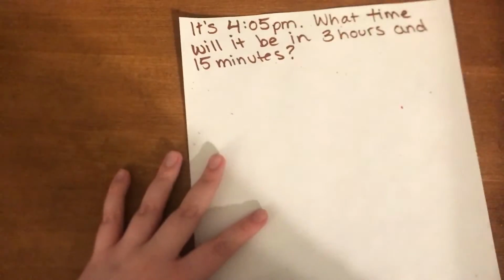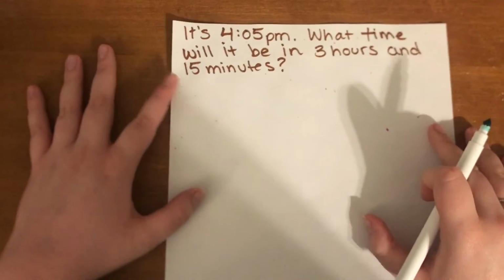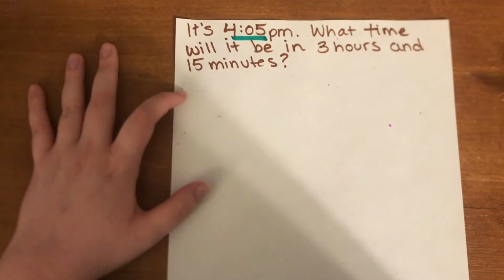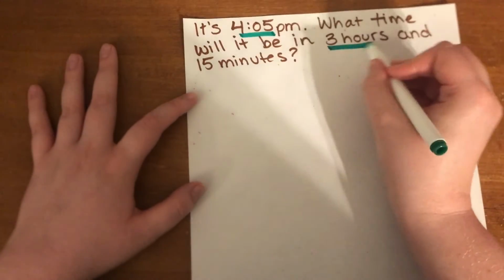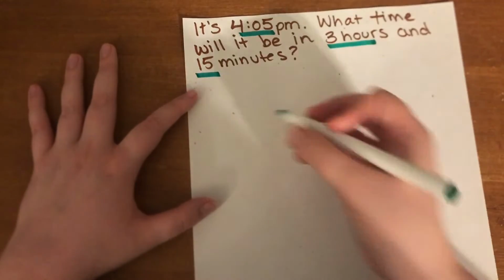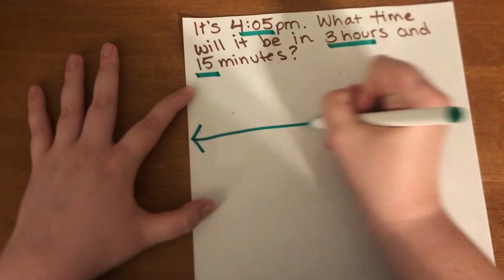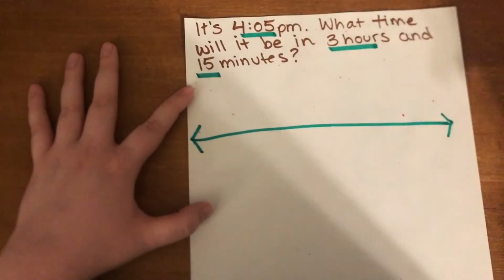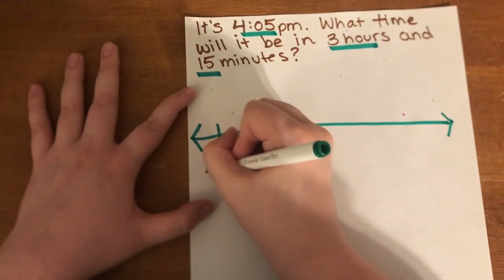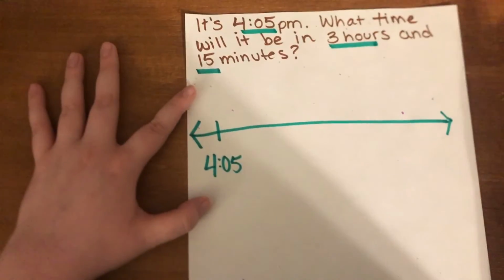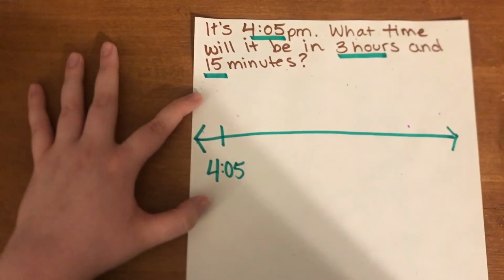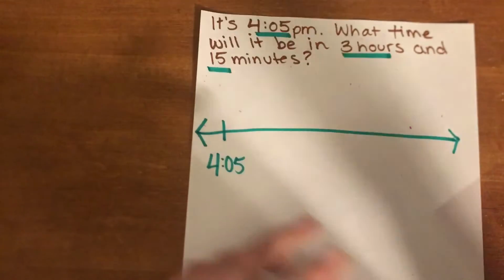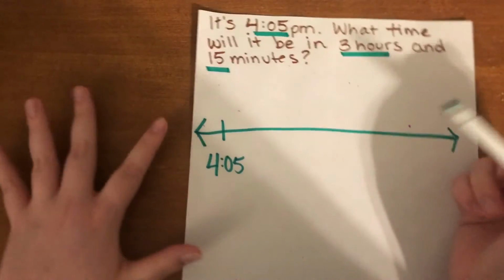Let's look at this last problem here. It's 4:05 p.m. What time will it be in 3 hours and 15 minutes? So we've got these minute increments here. I have my start time, and in this case, I don't have an end time yet. So I'm going to start at 4:05, and I'm going to count up first 3 hours and then my 15 minutes, because I like doing it in small, easy to see bits.